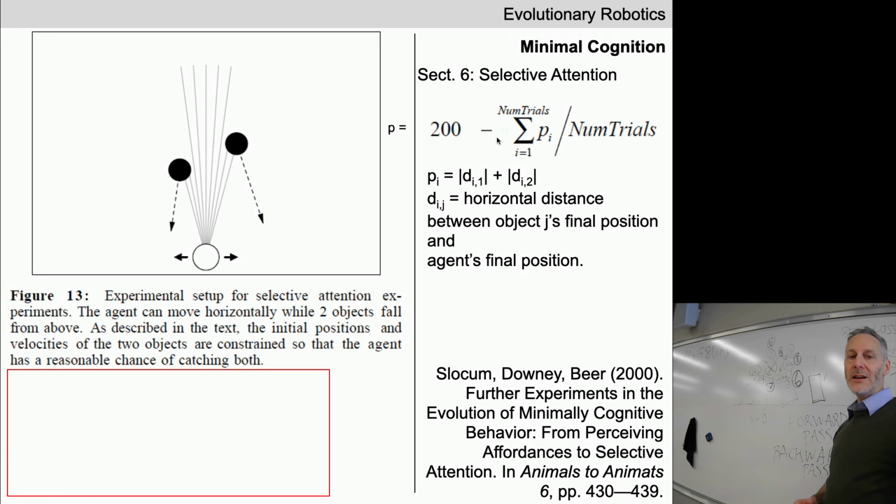P sub I is sitting to the right of a minus sign, which is a reminder that in the fitness function, we're trying to minimize this term. We're trying to minimize the distance between the robot and where the object hits. All good? Okay. Why is this task more difficult than the other 3 we saw last time?